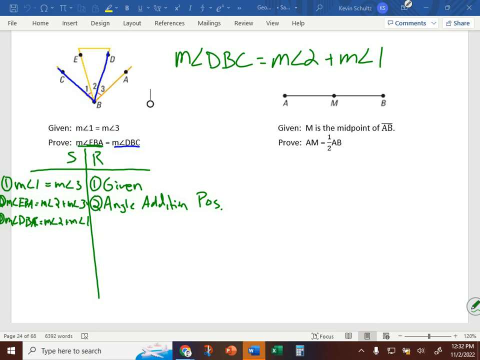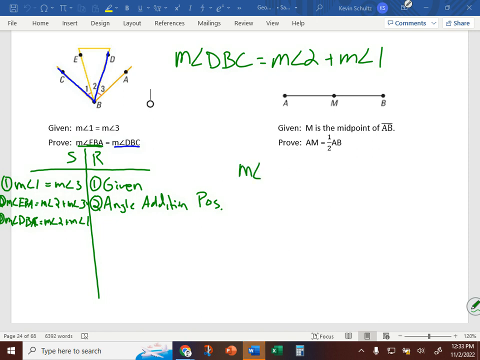Okay, we've achieved the goal of what we know, and we've achieved the goal of introducing our proving statements. Now our job is to somehow get EBA and DBC together in one equation. I'll rewrite steps 2 and 3 up here so it's a little bit clearer.